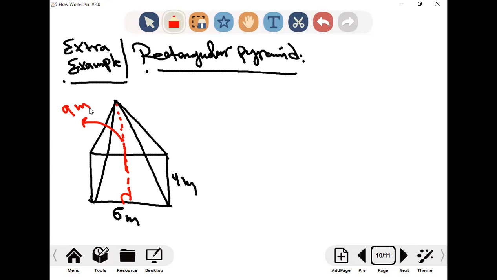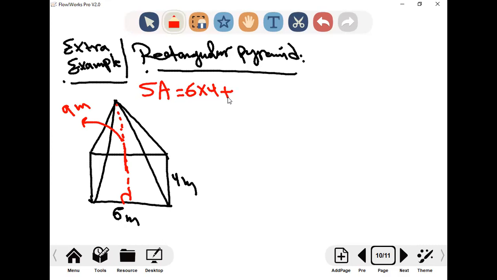Done. So here we have a rectangular pyramid, different from the square pyramid. Surface area equals the area of the rectangle, which is length by width, right? 6 times 4. 6 multiply 4 plus.